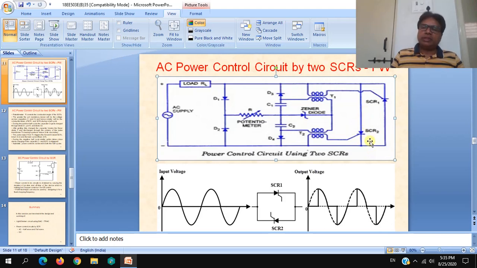Then the SCR simply conducts. When the SCR conducts, the load current flows via the load, SCR2 and back to the supply in the positive half cycle.